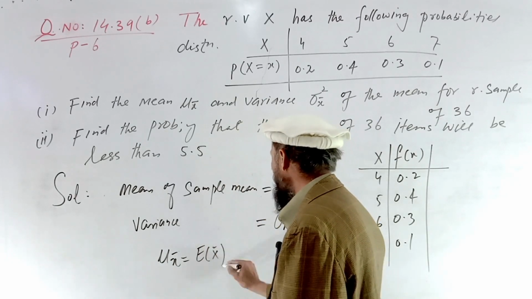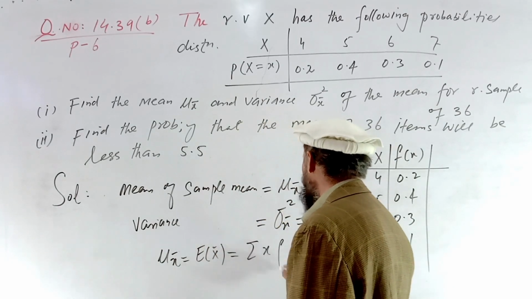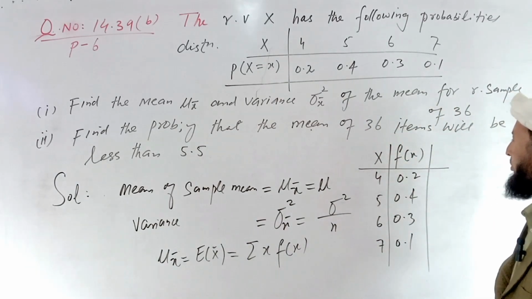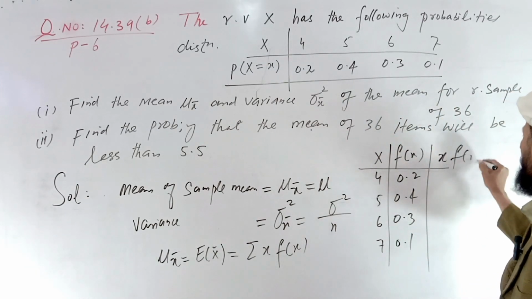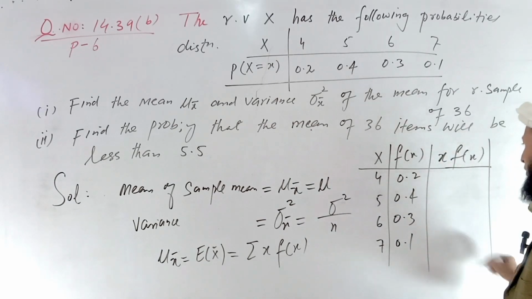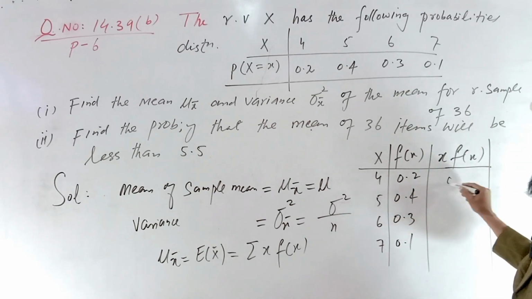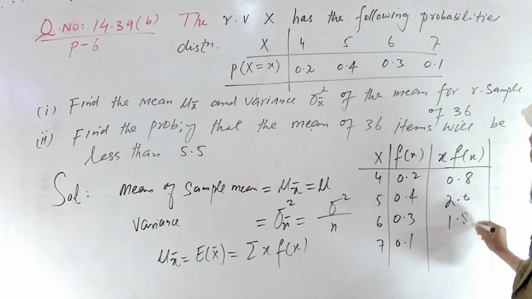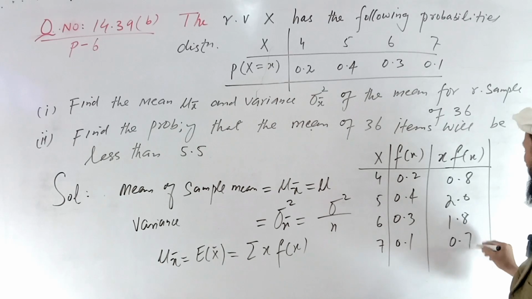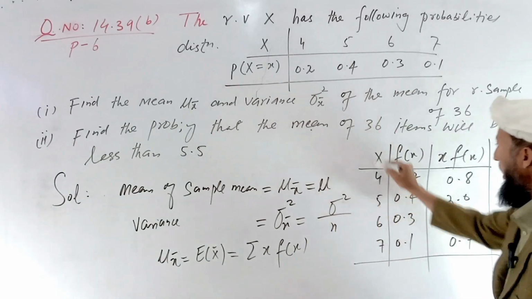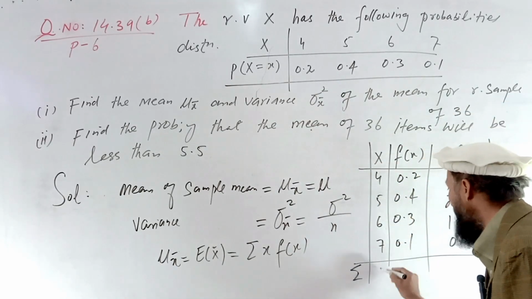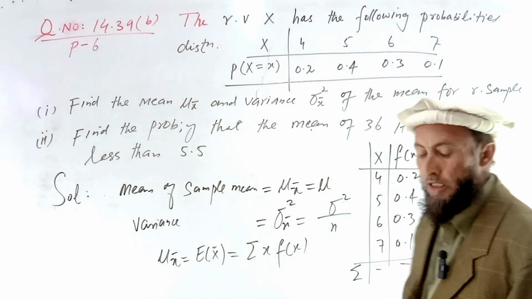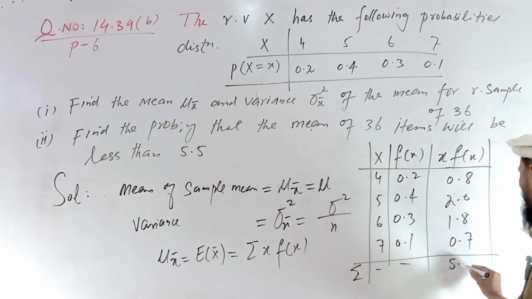Expected value of x is equal to summation x f of x. If we multiply both terms, x and f of x, this column is required. We get 0.8, 2.0, 1.8, and 0.7. The sum is required here. If we add these terms, the result is 5.3.